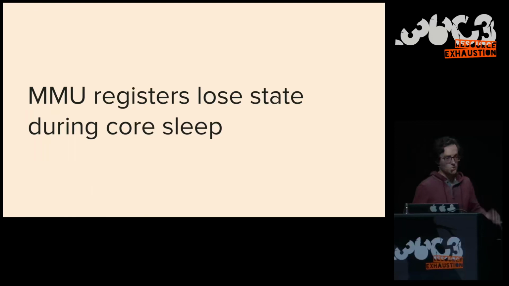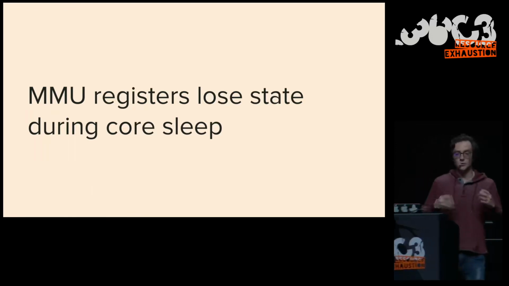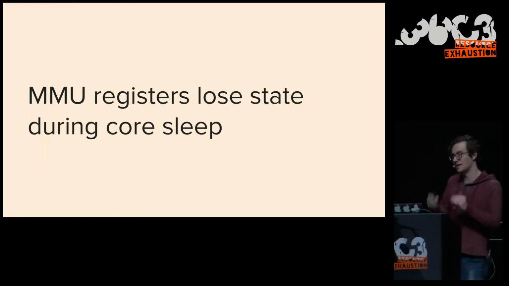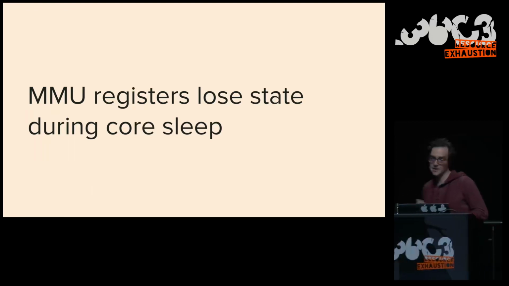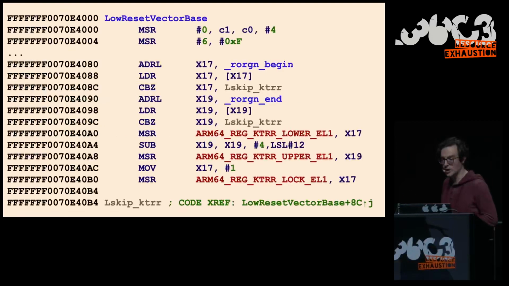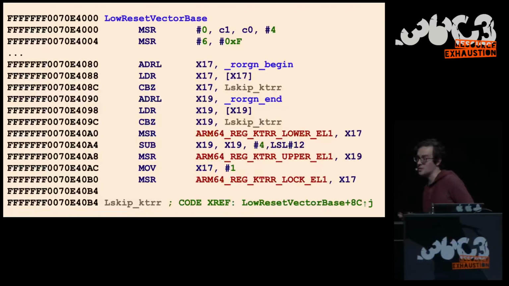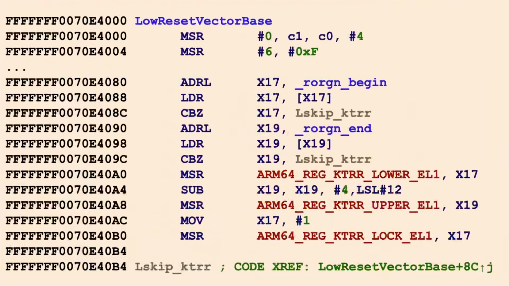So when the CPU wakes up from sleep, we need some way to reset those registers to point to the beginning and ending bounds of the lockdown region. The reset vector is the first piece of code that gets executed when a CPU core wakes from sleep, and it does so with the MMU off.